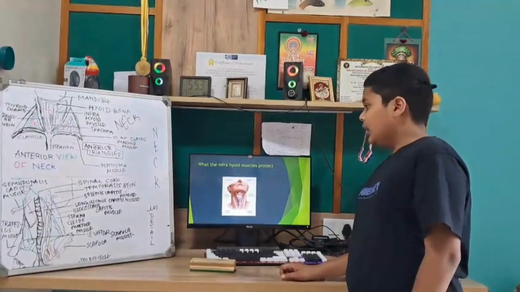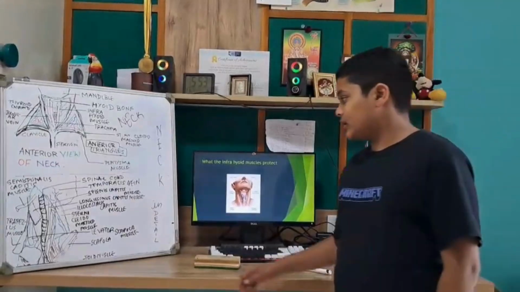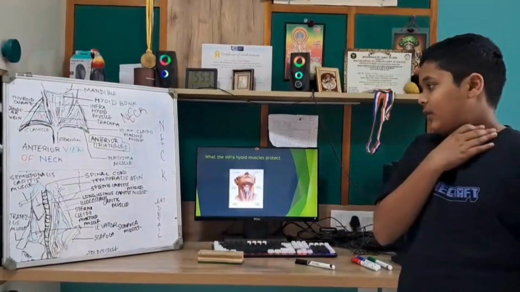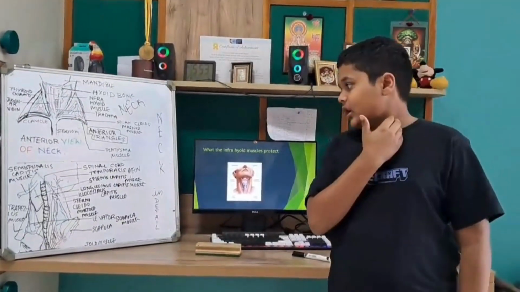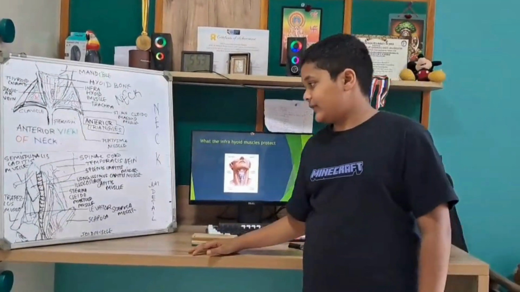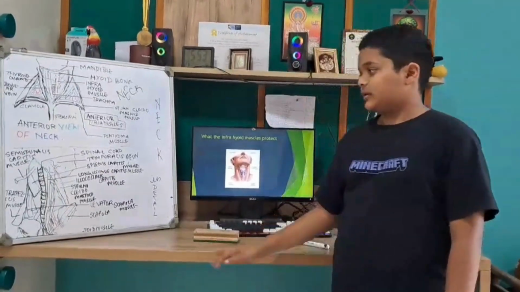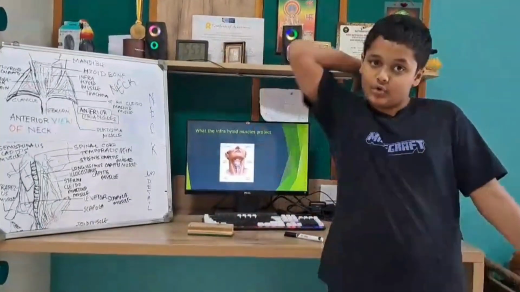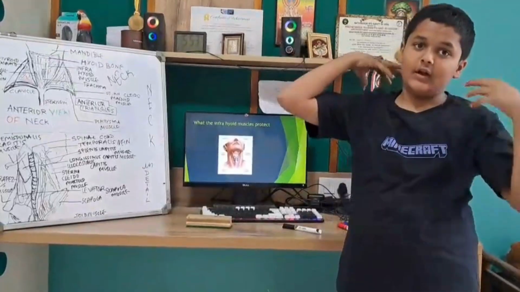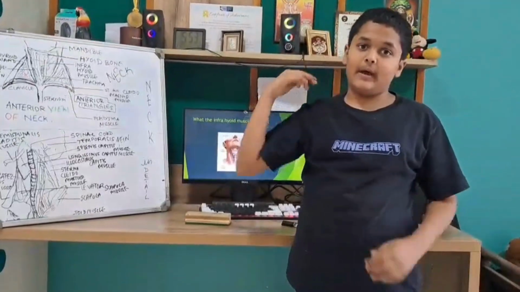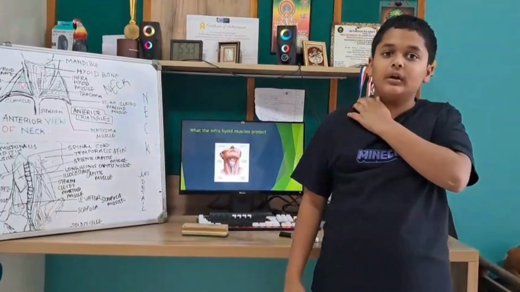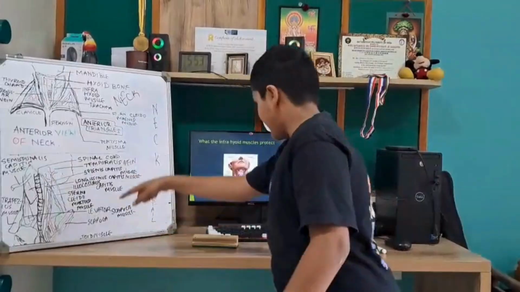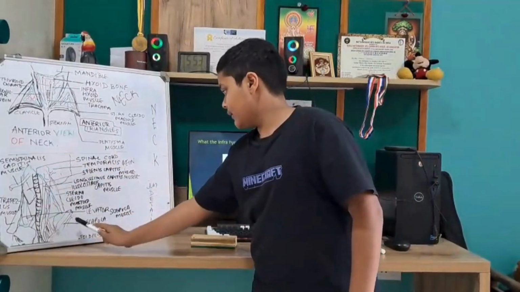And there are also triangles formed on the right and the left of the posterior part of the neck. So the same sternocleidomastoid muscle and the huge trapezius muscle attached together on the top, and the middle of the clavicle bone together form a triangle over here.